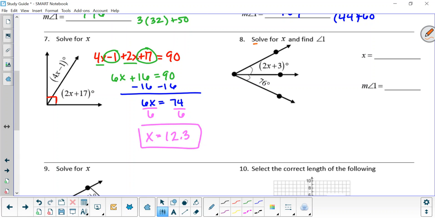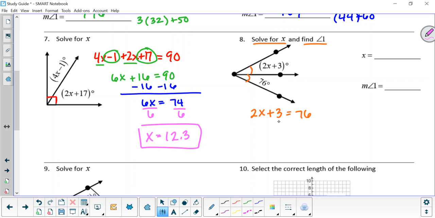Okay, for 8 it does say to solve for x and find angle 1. So first I need to figure out what type of equation I need to set up. Well, I notice both of these angles inside have a swoop. And when they both have a swoop, I can set them equal to each other.